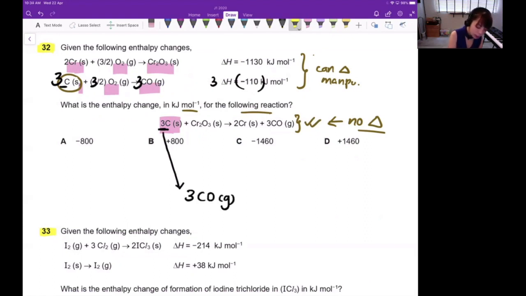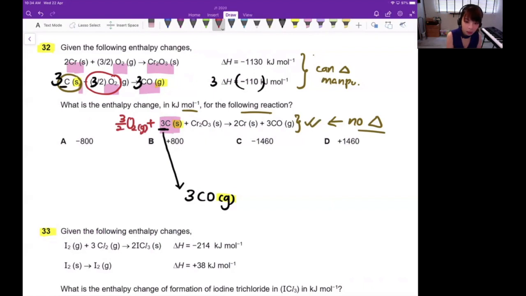Make sure the state symbols are all copied correctly. Okay, the starting state symbols are correct. Now you do notice that I do not have oxygen in my equation over this side. So what am I going to do? I have to add in oxygen, so I have to add in 3/2 moles of oxygen.